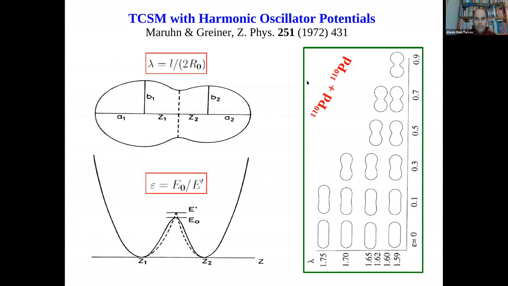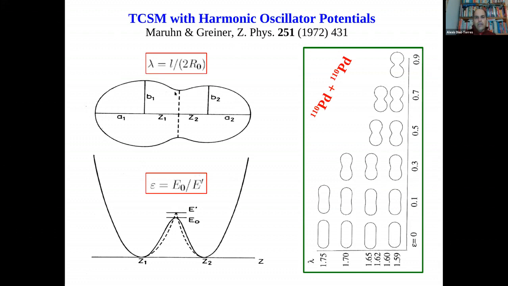Here you can see the notion of a two-center model using two harmonic oscillators. So instead of bringing together two Woods-Saxon mean field potentials, we can work out the problem with two harmonic oscillators. This is work done in Frankfurt in the early 70s.